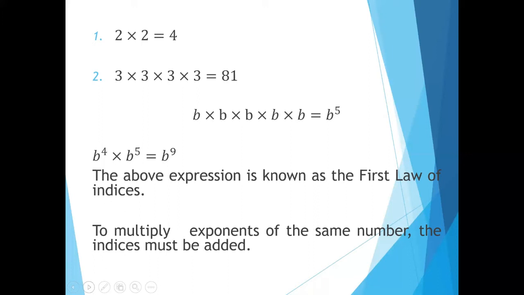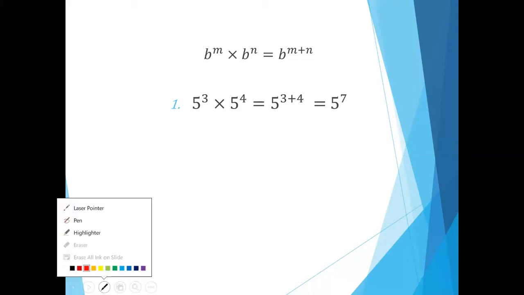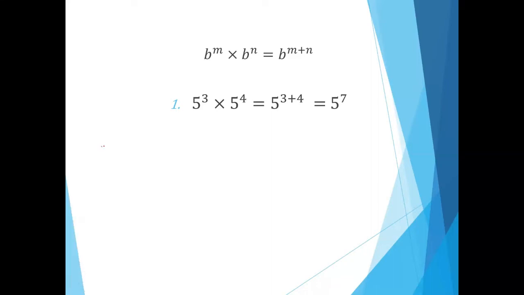And when we do that, that will help us to grapple with the values. Now, we are saying that this is the first law of indices. b raised to the power m times b raised to the power n will give us b raised to the power m plus n. So we need to take note of that and work with it. So we want to do other examples and see.